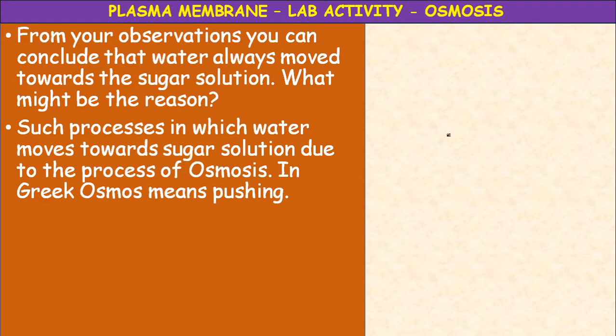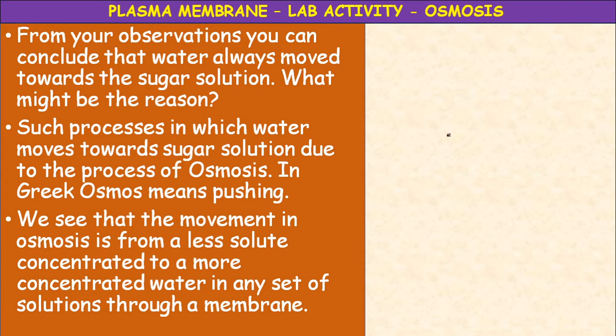In Greek, osmos means pushing. We see that the movement in osmosis is from a less solute concentrated to a more concentrated solution when they are separated by a membrane.